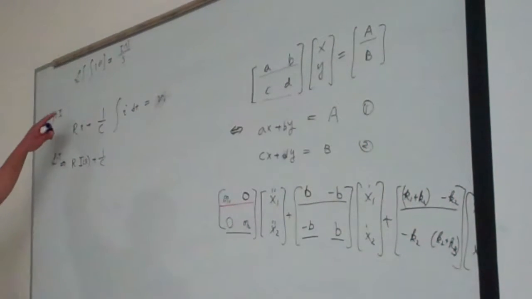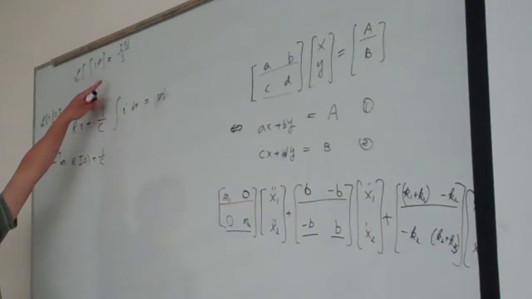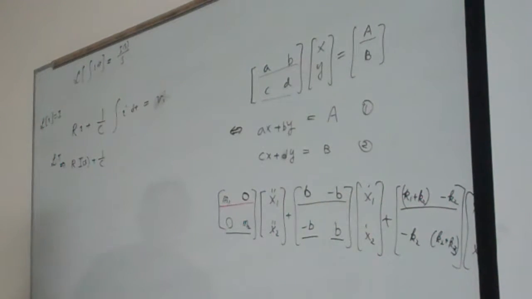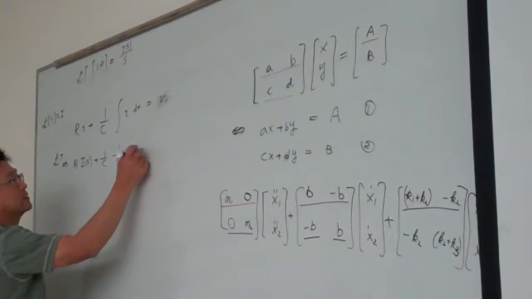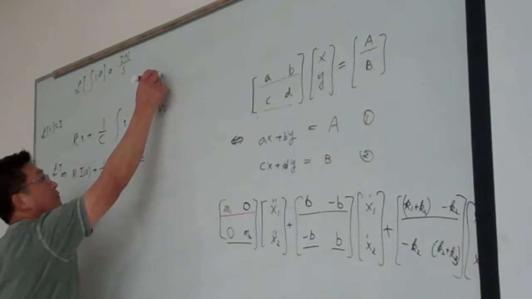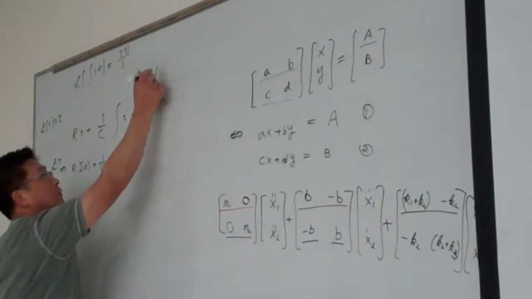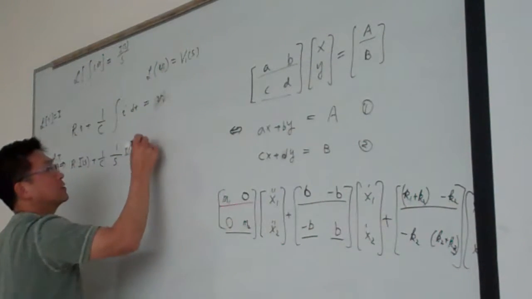So the Laplace transform of an integral is transformed into 1 over s. So this one should be equal to 1 over Cs times I of s. And for the Laplace transform of the lowercase v1, let me call it V1(s).